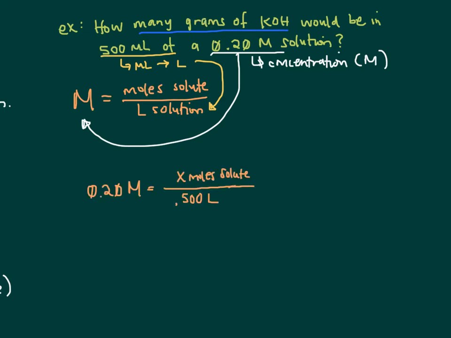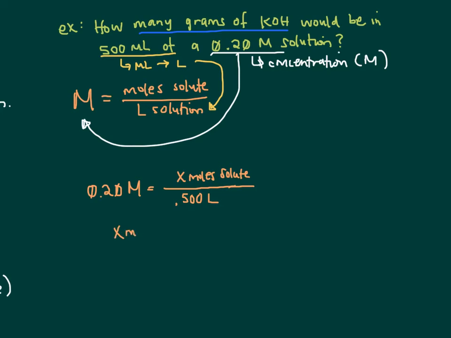All right, so I went ahead and plugged in our molarity, which is 0.20 moles, and then I converted my 500 milliliters into liters and plugged it in where it says liters of solution. And so I'm going to solve for moles of solute.